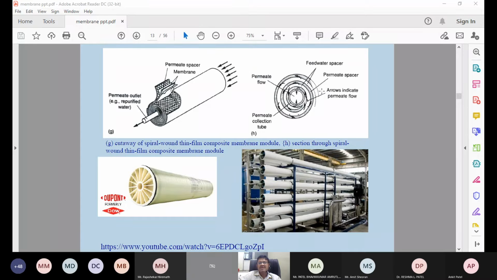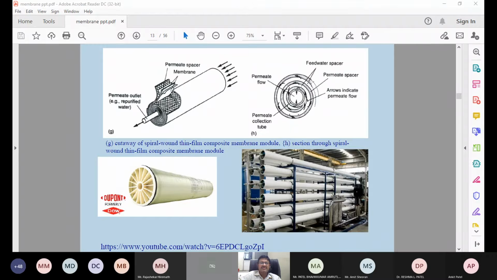You see what is happening: the feed water is going like this. This is the feed water space, and in between there is a permeate spacer. So it is passing through this membrane and coming into the permeate spacer, and in the permeate spacer it is going like this and coming into the center, and from the center you will get the purified permeate.